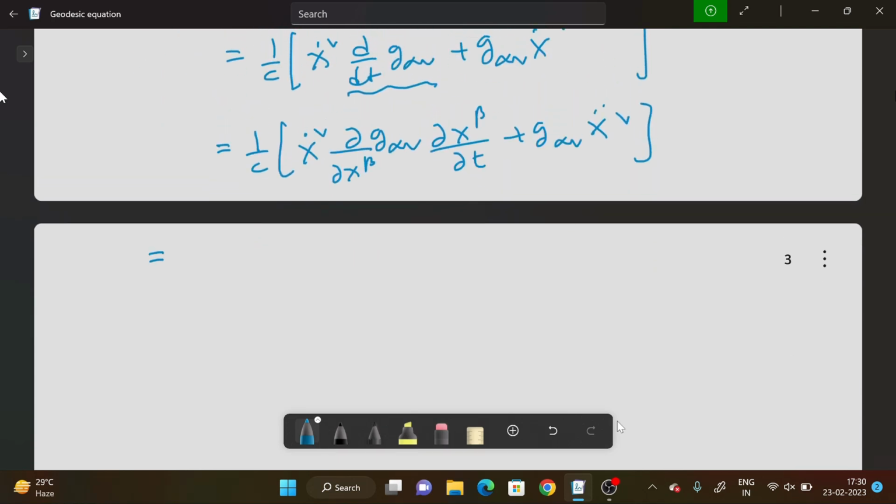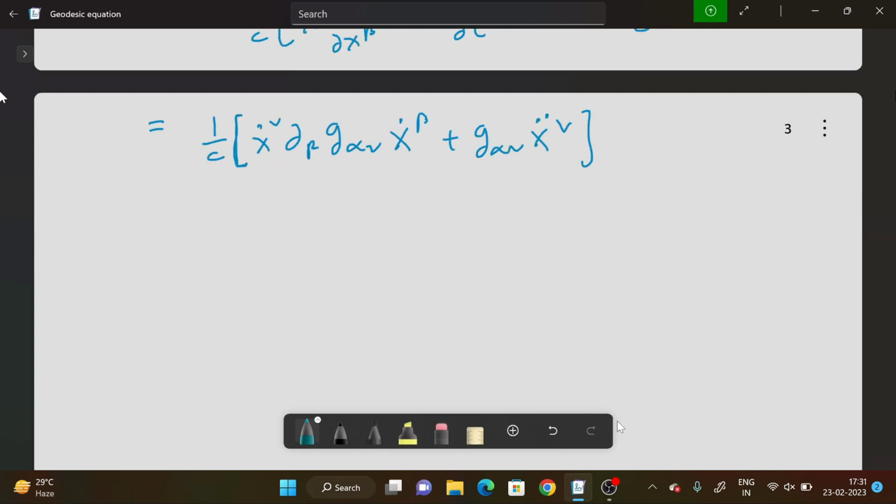On simplifying this thing, this becomes 1 upon c of x dot nu d beta g alpha nu times x dot beta plus g alpha nu x double dot nu. So we have calculated the time derivative also, and therefore we can write that d upon dt of dL upon dx dot alpha is this thing, right?